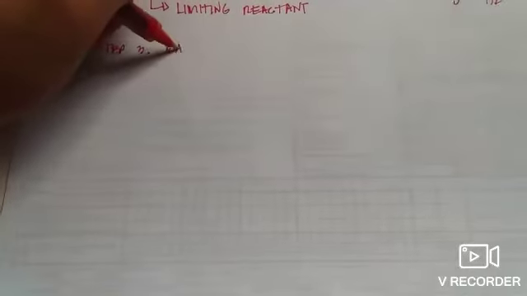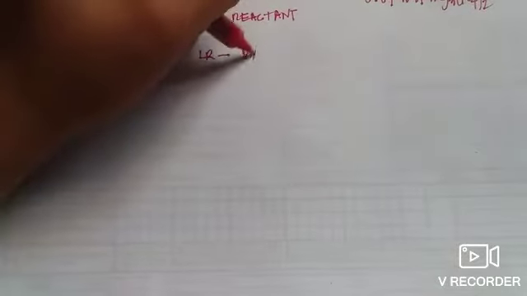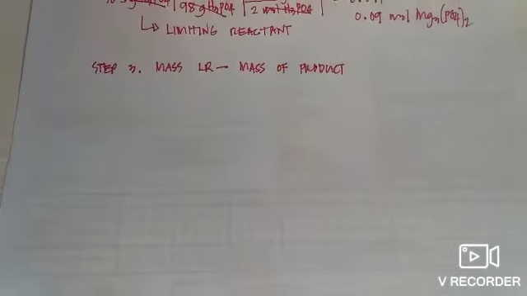Next is step 3: the mass of the limiting reactant to the mass of the product. Let us solve.